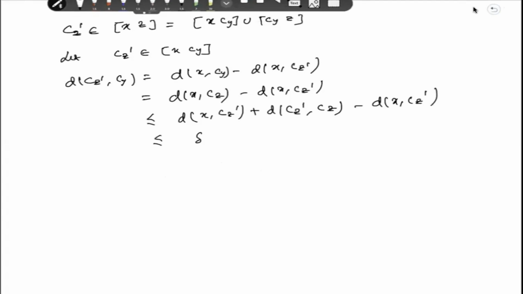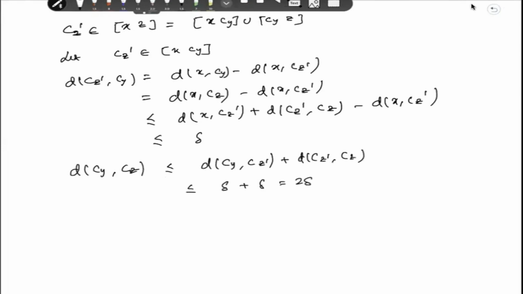Now by the triangle inequality, the distance between CY and CZ will be less than or equal to the distance between CY and CZ prime plus the distance between CZ prime and CZ. So that will be less than or equal to twice delta.